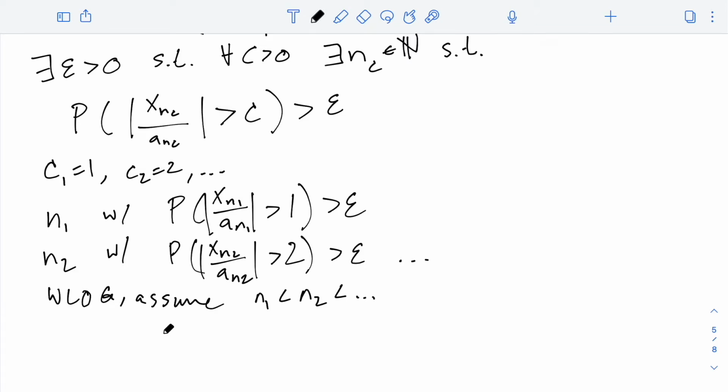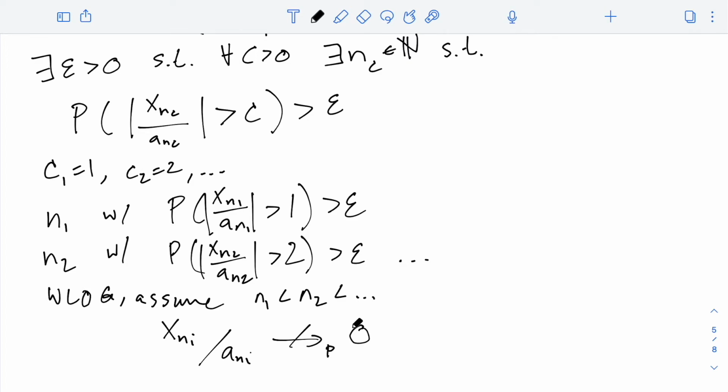We then note that the subsequence X_{n_i} over a_{n_i} does not converge in probability to 0, right? Because there's this sliver of mass of at least size epsilon that's not getting closer to 0. In fact, that's getting further and further away from 0.